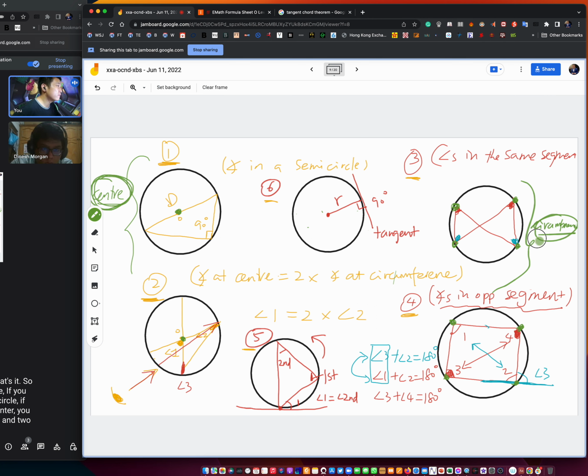If you have circumference, you think of 3 and 4. And then 5 and 6 are the special cases. And by the way, 6 shouldn't be here also, because you should know it, right? So 5 is the tangent chord theorem. So this page pretty much sums up what we have learned today and what you need to know before you can do the properties of circle questions.